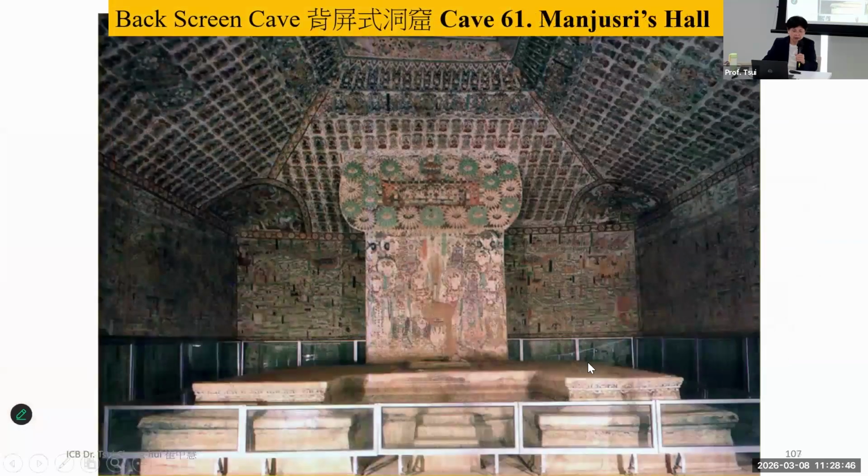And cave 61 is also a cave designed with a back screen. Nowadays, all the sculptures on the platform have been destroyed. However, scholars identified this as a cave dedicated to Manjushri Bodhisattva.